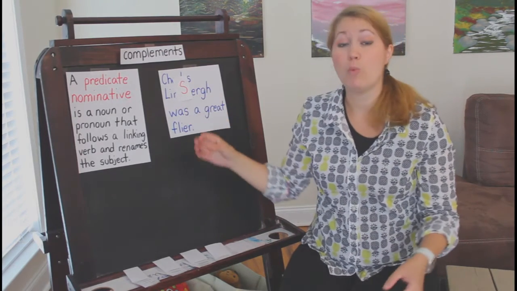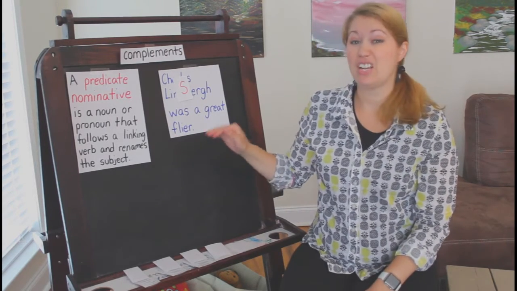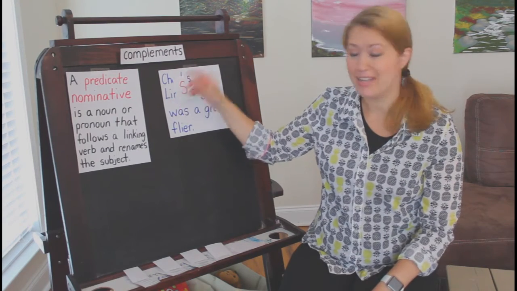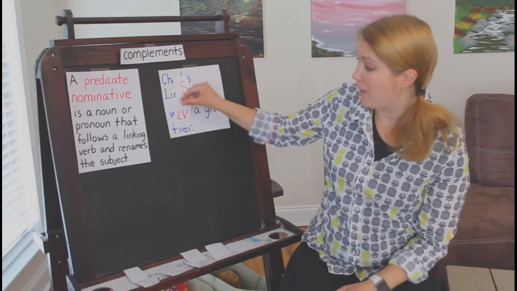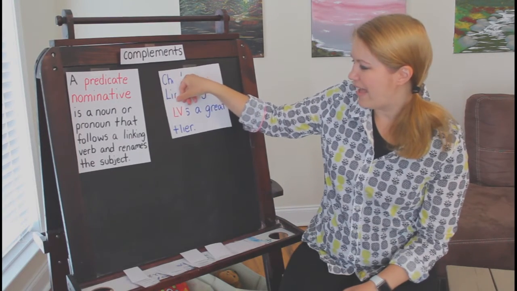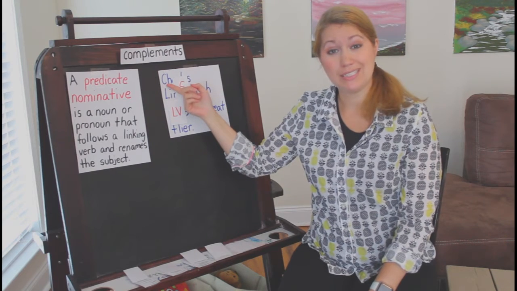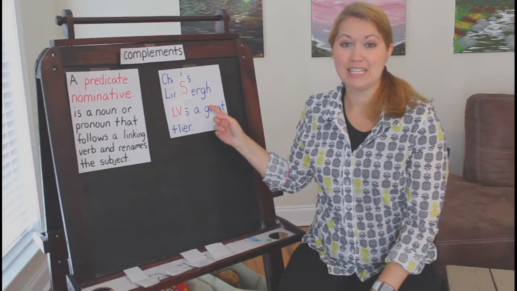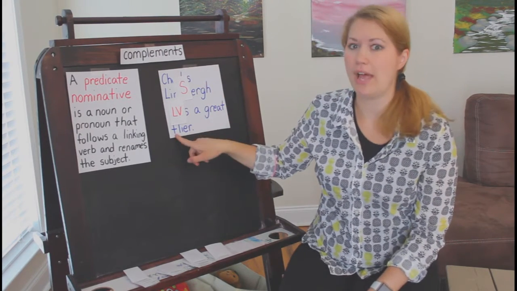Charles Lindbergh was a great flyer. Great flyer is renaming Charles Lindbergh. So right here, we have our linking verb, was. And now out of all of this, is A describing Charles Lindbergh? No, A is describing flyer. What about great? Well, he was great, but he was a great flyer.